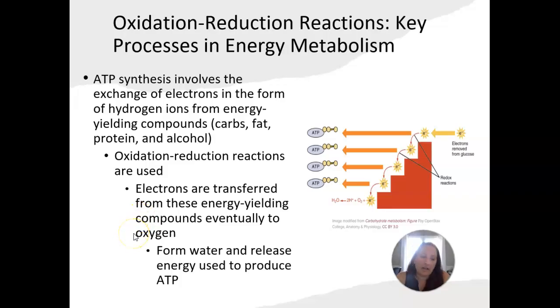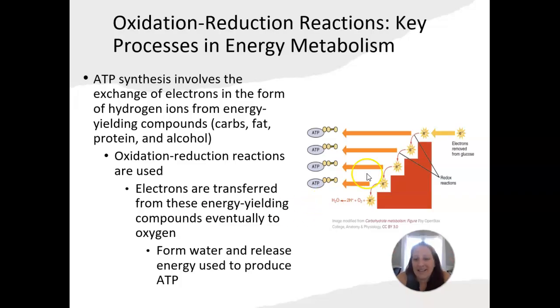Electrons and protons, or hydrogens, I should say, combining with oxygen are going to form water. We're going to get into the nitty-gritty, but overall realize that this metabolic pathway of catabolism is just an oxidation reduction that is used to drive the synthesis of ATP.